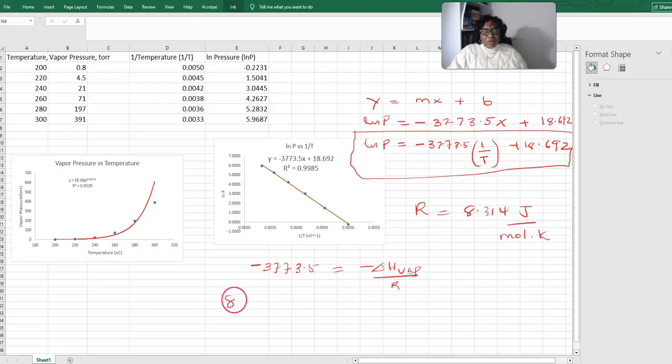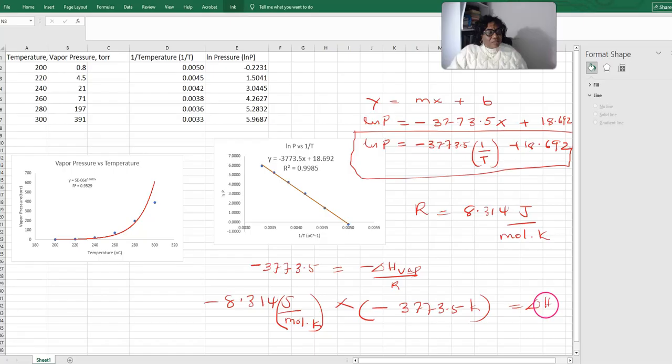So minus 8.314 joules per mole Kelvin as the unit, times minus 3773.5 K, equals delta H vaporization.